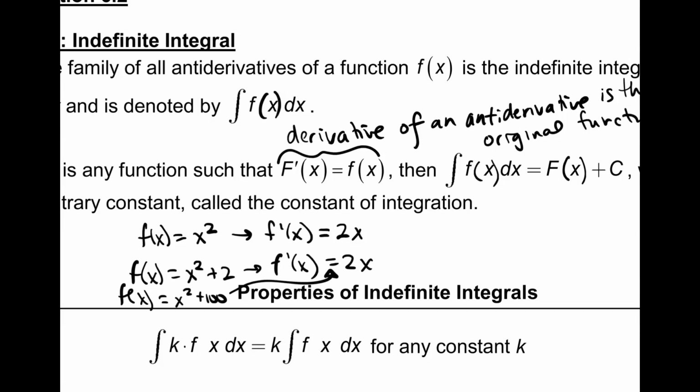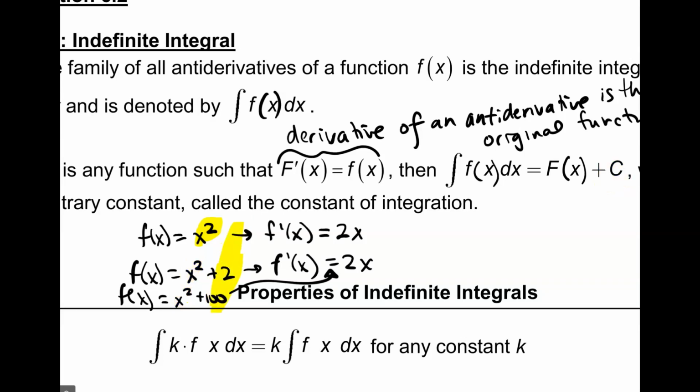Notice all of these have the exact same derivative, but they don't necessarily have the same antiderivative. If my derivative is 2x, it's hard to know what the original function is. All of these had an x squared in common, but the difference is the constant I'm adding. That's what this plus c is.